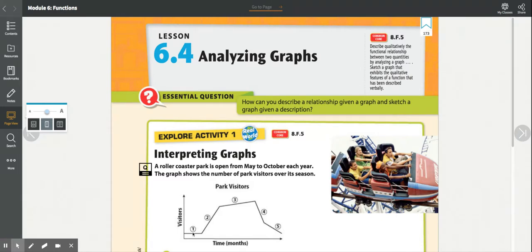This is May, this is June, July, August, and September. And then after September, it closes on October 1st. And if I look at section 1, I notice that everything is constant. So there's no increase or decrease of visitors.